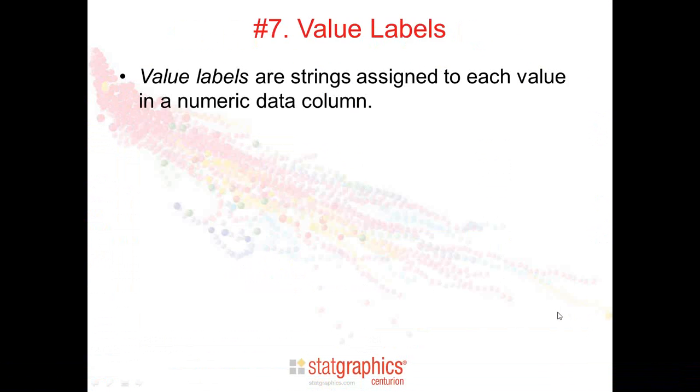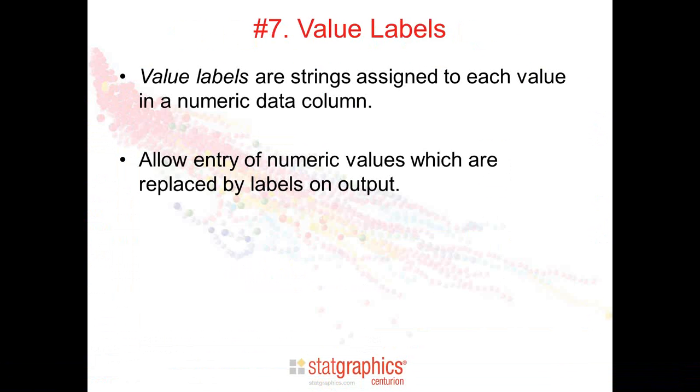Now, the last thing I've used a lot that I want to tell you about is value labels. Value labels are a new feature added to version 17 that lets you assign strings to each unique value in a numeric data column.